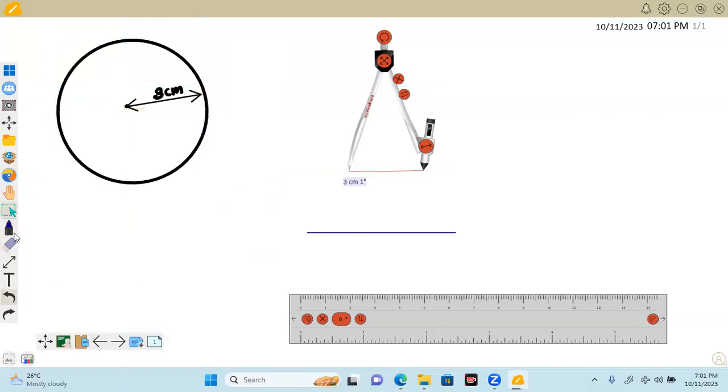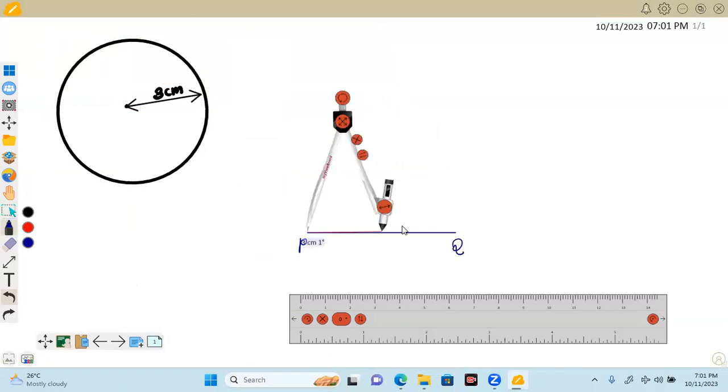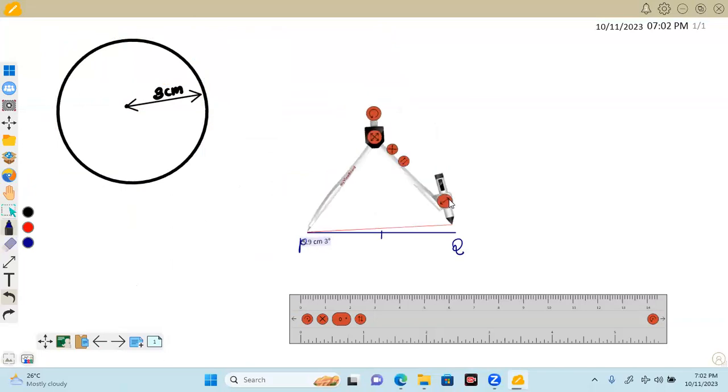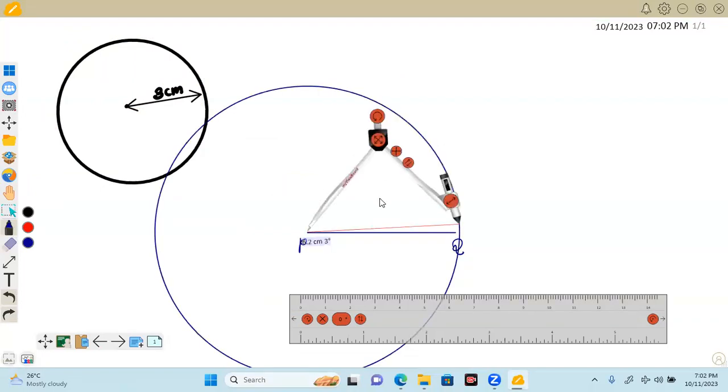Let's name this straight line PQ. You have to place the compass on P and keep it on P, taking the given length as the radius. Next, you have to draw a circle like this.